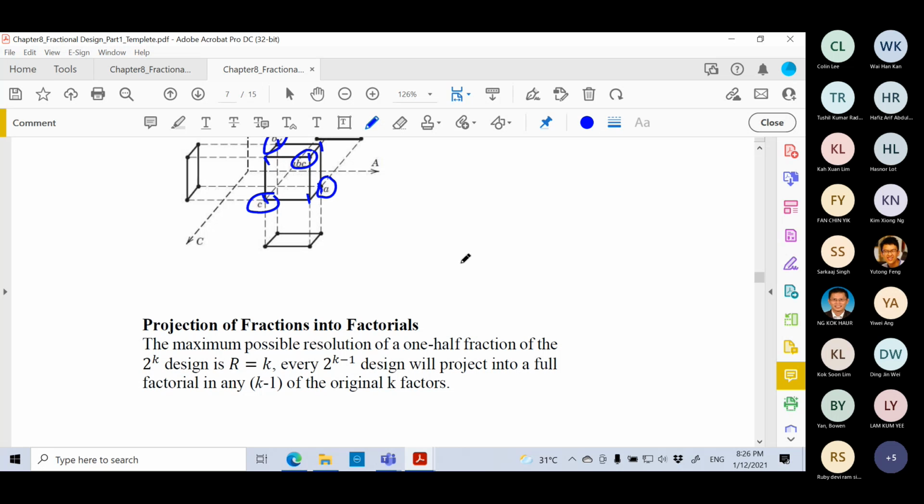Here it says about the resolution. The maximum possible resolution of a 1/2 fraction of the 2 power k design is R equal to k. The resolution is given by the notation R equal to k.